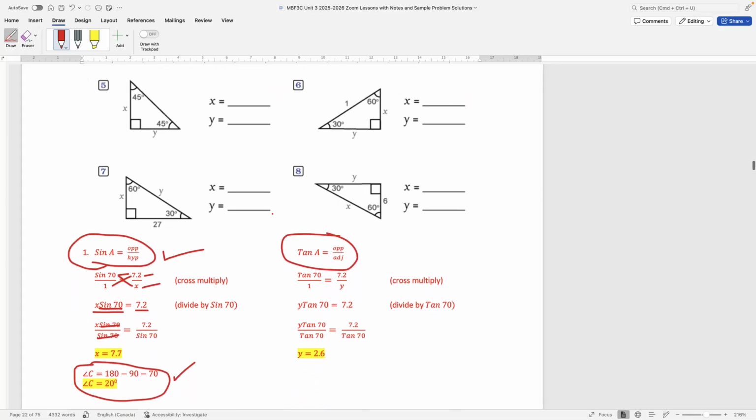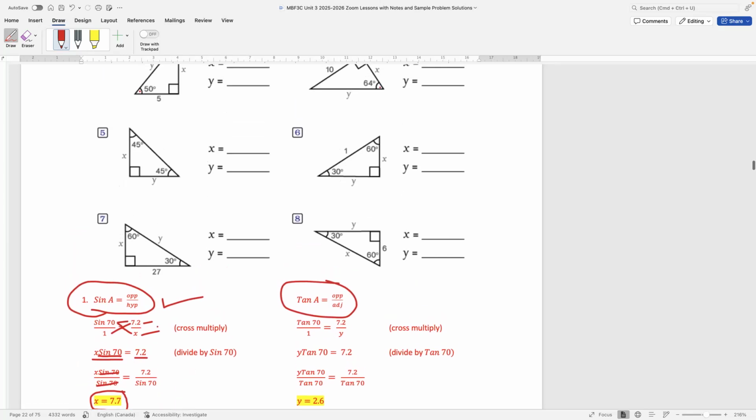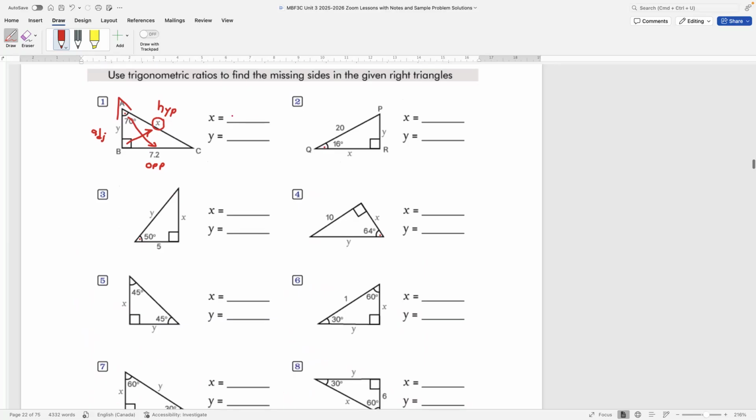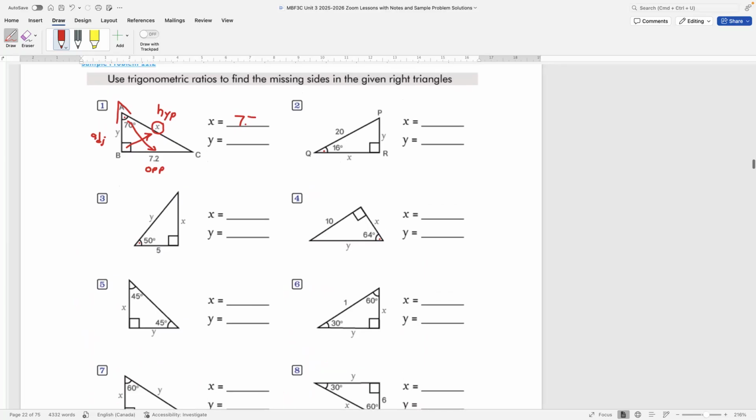So last week we worked through the first part and we labeled it X. It was already labeled X. There's X right here. That's the hypotenuse. And we said that that was 7.7.